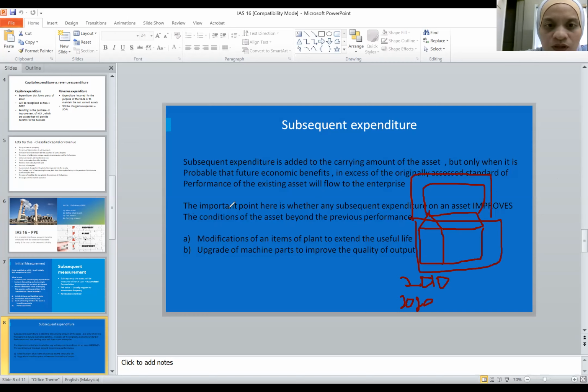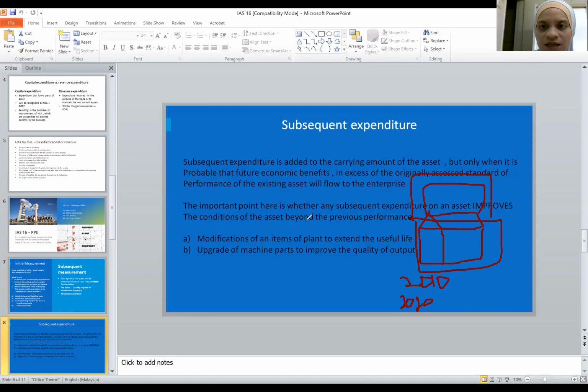Alright, so the important point here is whether any subsequent expenditure on an asset improves the conditions of the asset beyond the previous performance. So bila you extend setingkat lagi rumah ni, instead of boleh muat 3 orang dalam rumah, now dah boleh muat 6 orang.